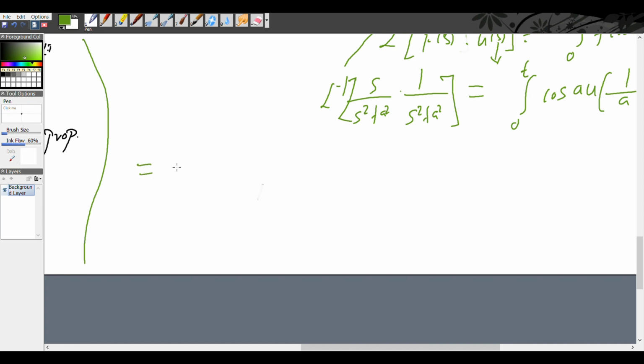This is nothing but 1 by 2a, because I am going to multiply and divide by 2. The a that was there I brought outside, because that plays no role. 0 to t, 2 into cos au into sine of at minus au into du.